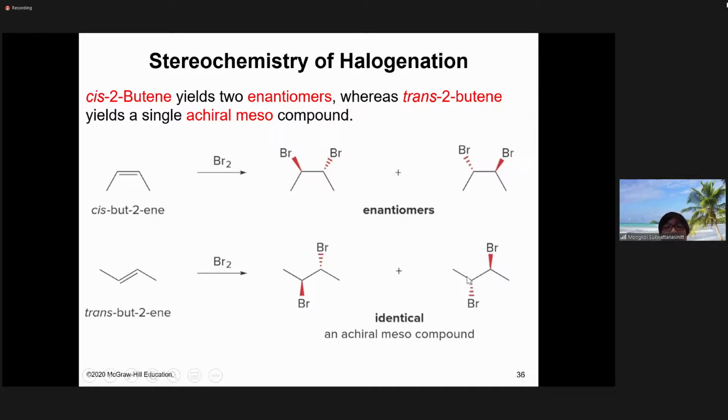Can you tell these two structures are the same? Yes. You can tell, right? If you draw it, do you know about Fischer projection? Yes. Okay, if you draw Fischer projection, you have bromine on the same side, and it is a meso compound.